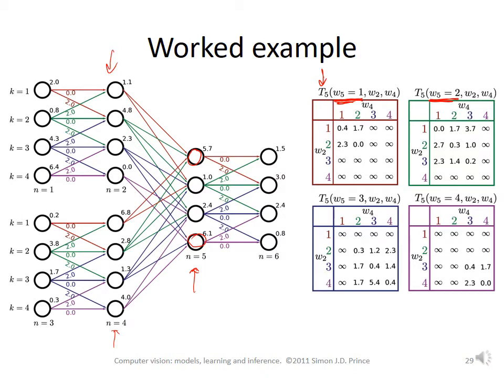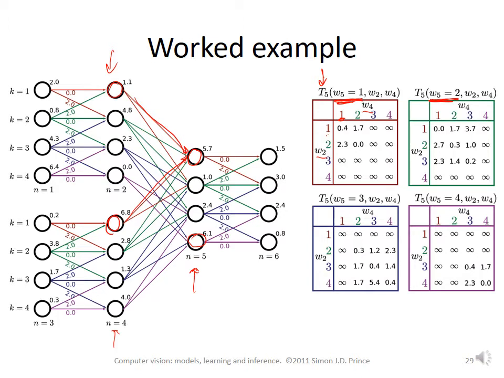Well, it has to look at two of its inputs. It's conditioned on W2 and W4. So if W2 is in state 1, so that's up here, and W4 is in state 1, so that's up here, that would be this edge and this edge coming in.